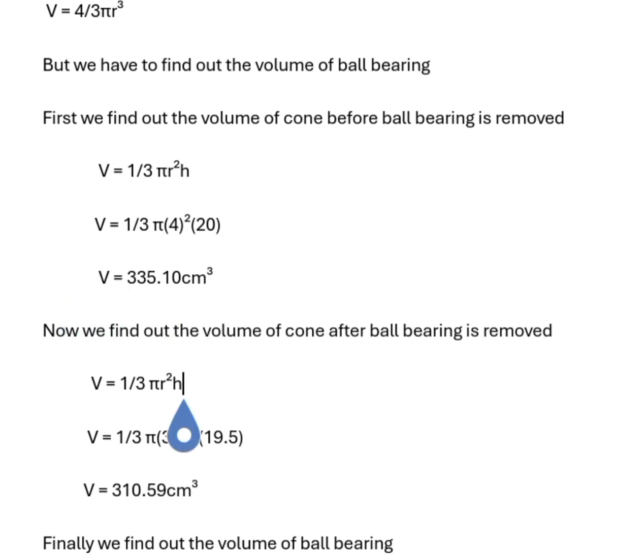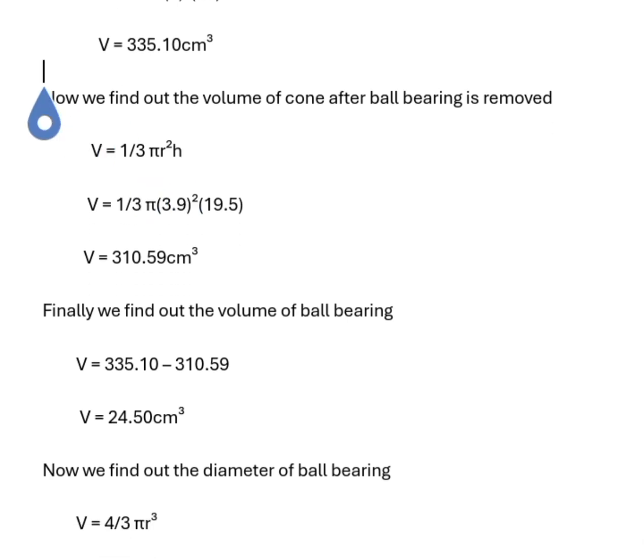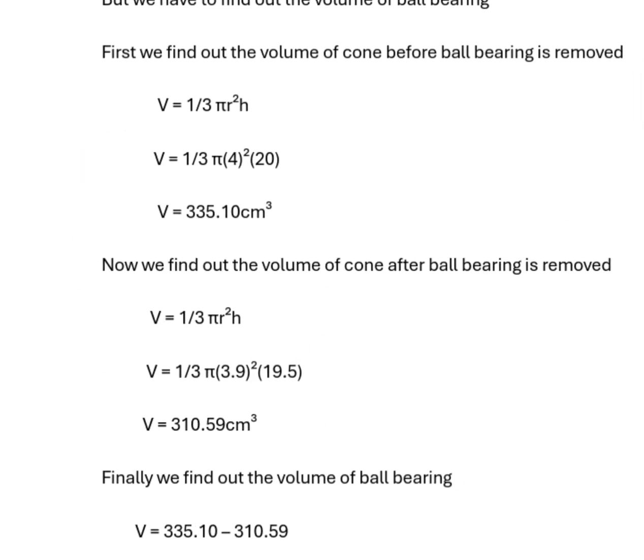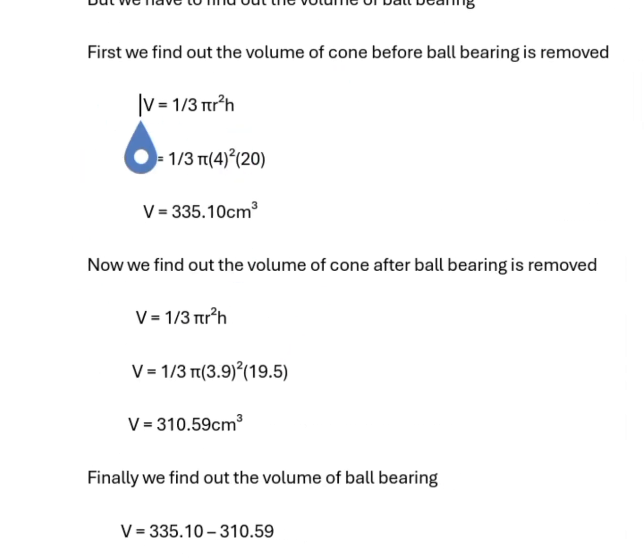Now we find out the volume of the cone after the ball bearing is removed. We apply the same formula: V is equal to 1 over 3 pi r square h. Before the ball bearing is removed, radius is 4 and height is 20.